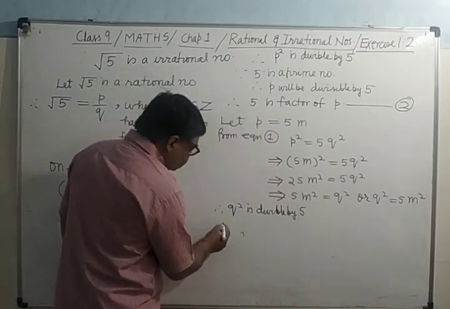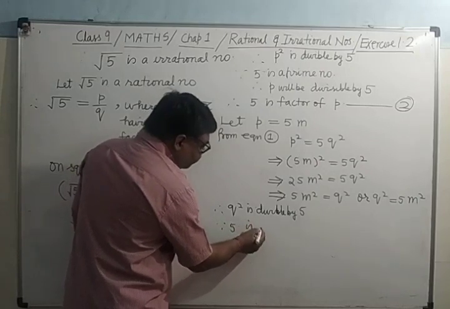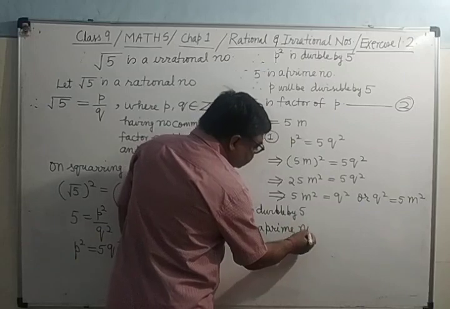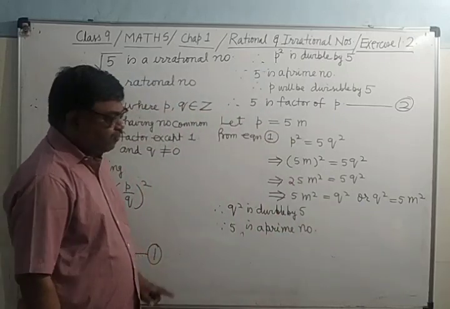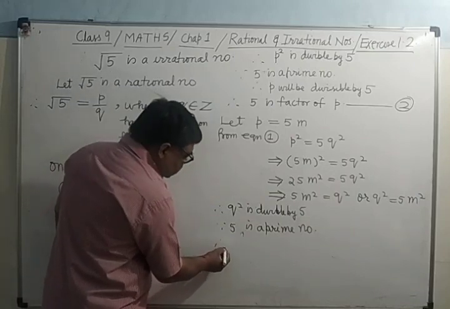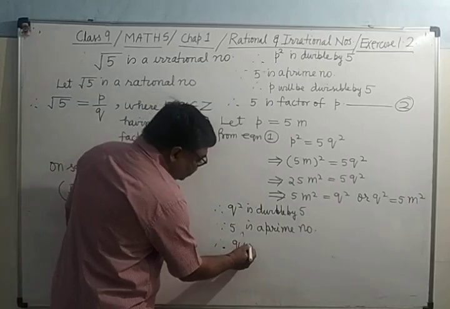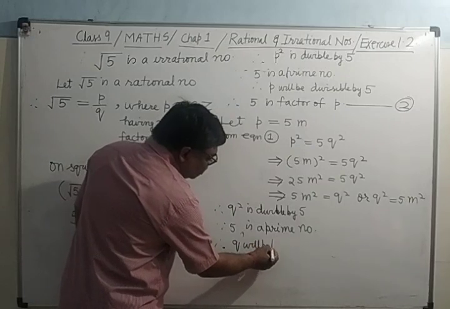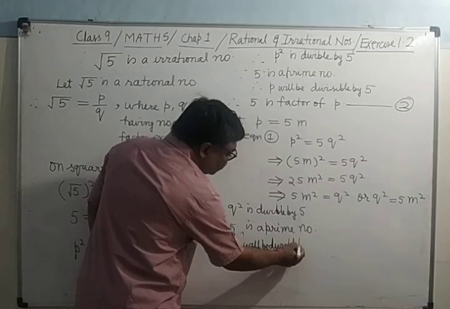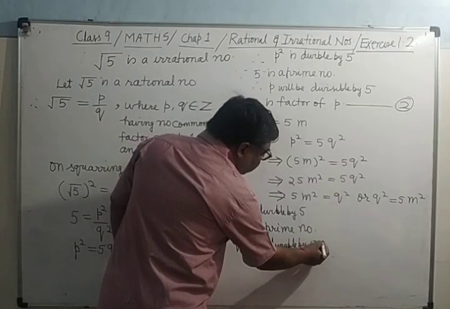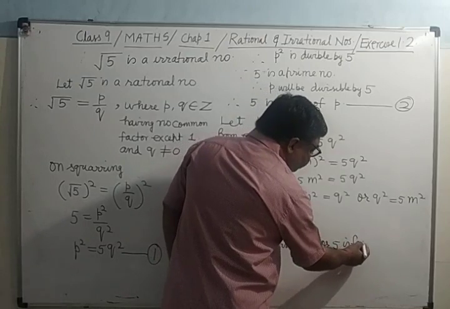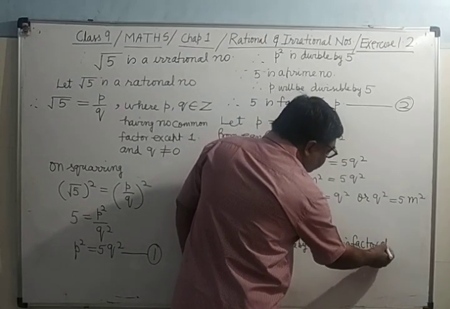Since 5 is a prime number, from the rule, q will be divisible by 5, or 5 is a factor of q.